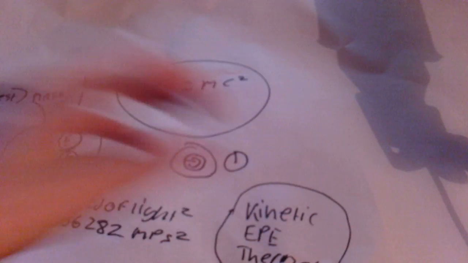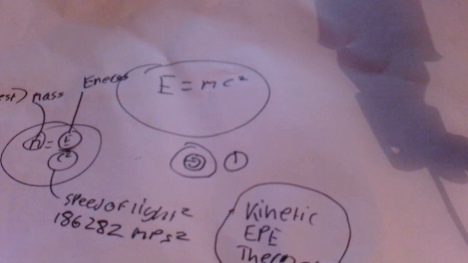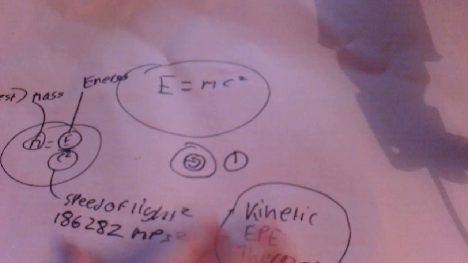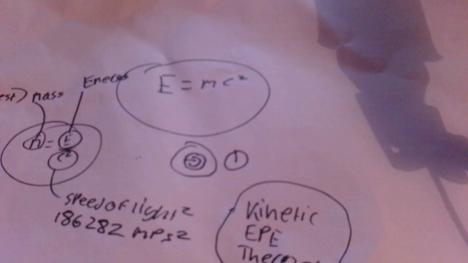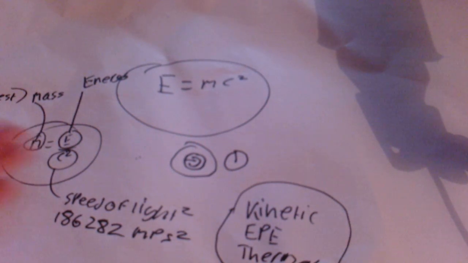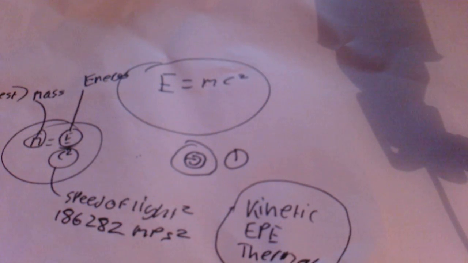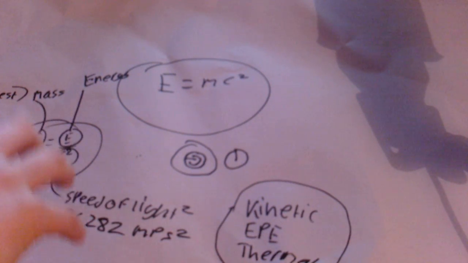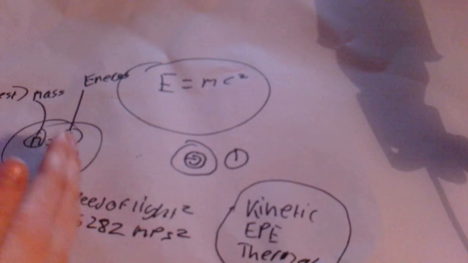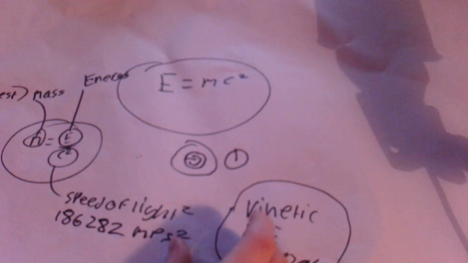If you added all that mass together, that mass would obviously be energy as well, because it's the mass of energy. But then you take that number and divide it by c squared, the speed of light squared, and that is how much the energy contributes to the object.